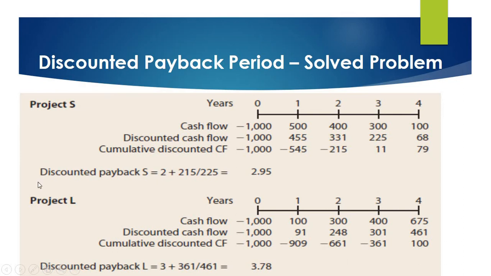Now, using the same formula, we can find out the discounted cash flows for project S. Project S's cumulative cash flows become positive after 2 years.